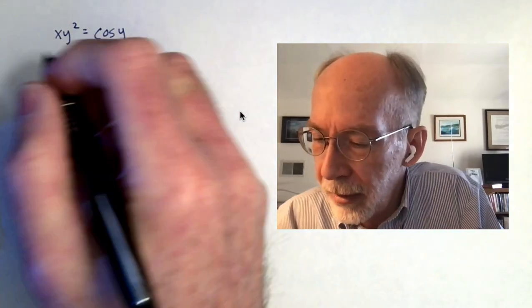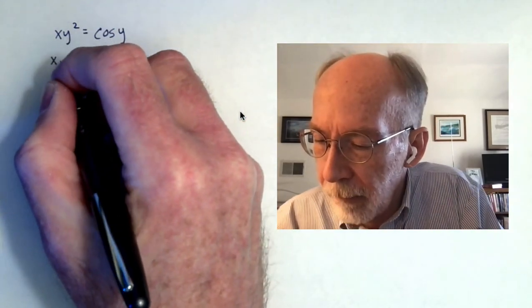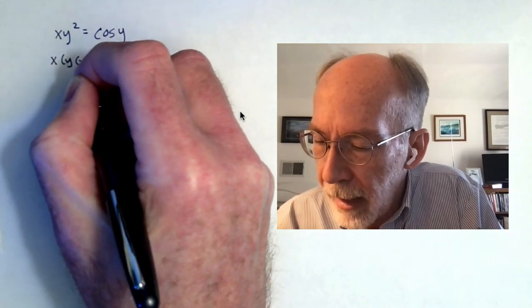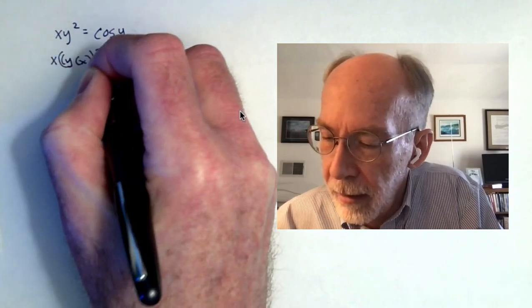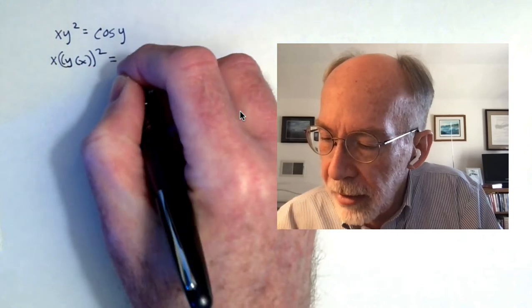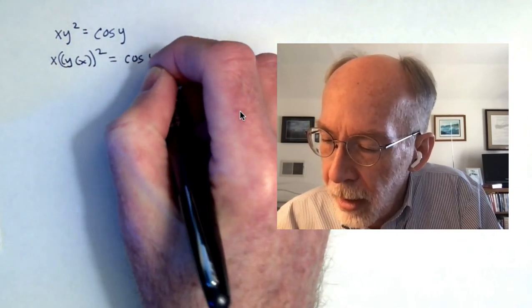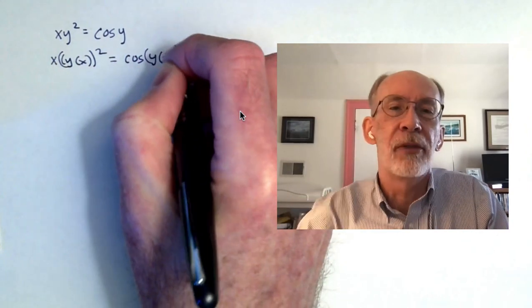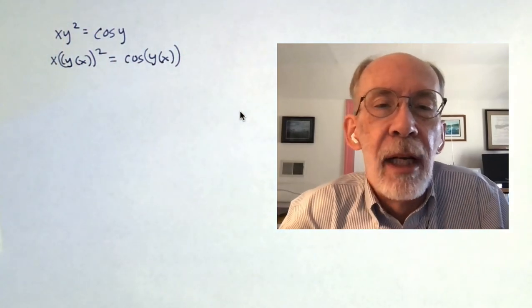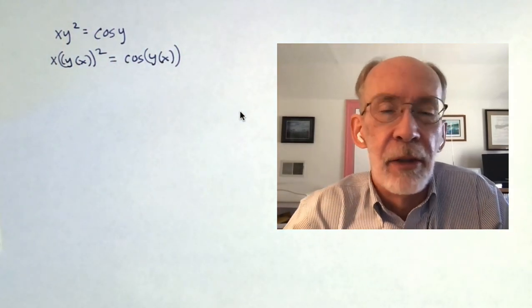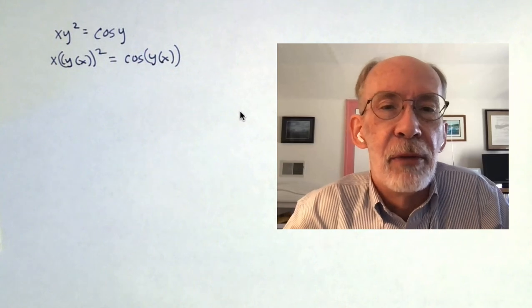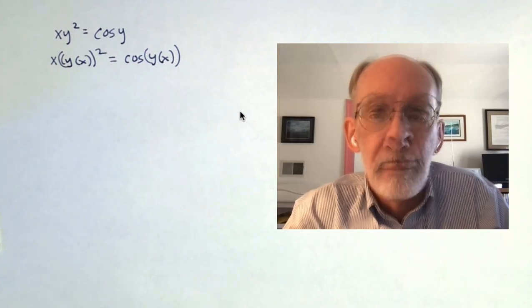So I'm going to again start by rewriting my relation, my equation, to really emphasize that I'm imagining that y is a function of x, at least locally in some place that's of interest on whatever this curve looks like.